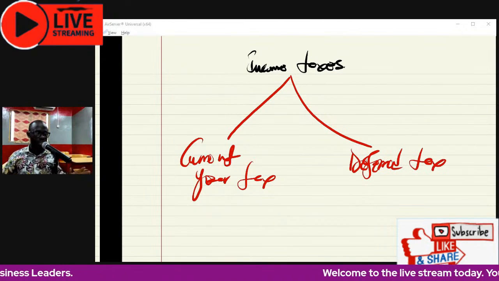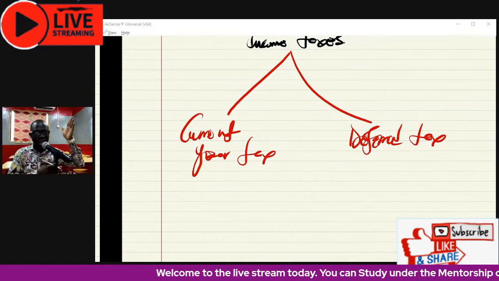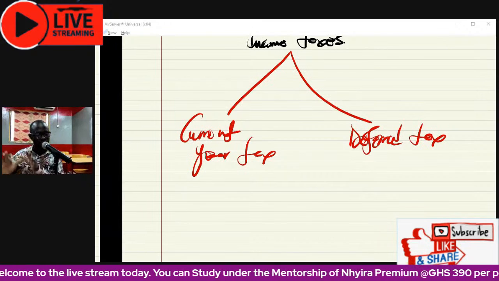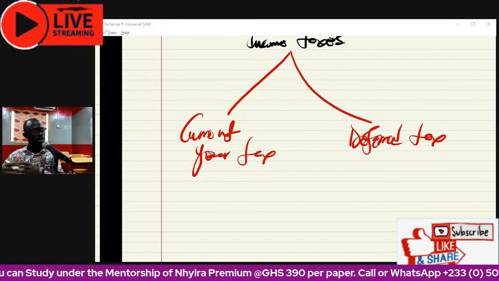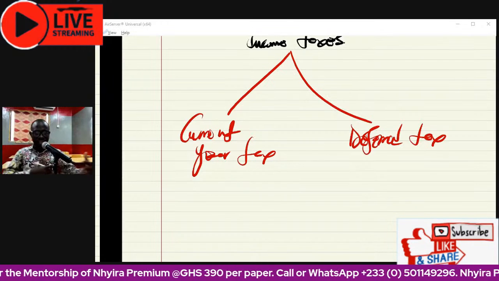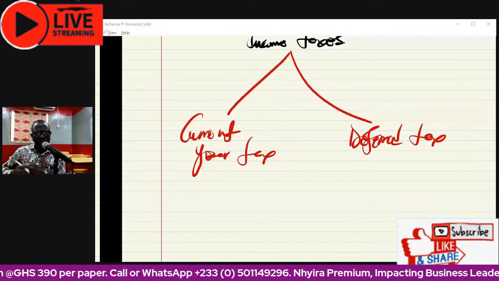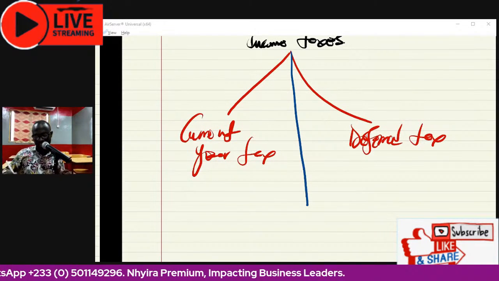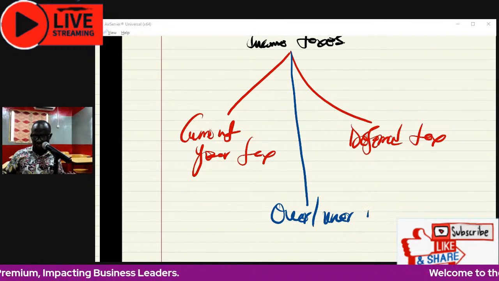And I'm going to explain this in a moment. So when it comes to income taxes, we can have current tax and we can have deferred tax. Stay with me carefully. I'm going to unpack all of these for you in a moment. The third category that we need to have about income taxes has to do with over or under provision of tax.